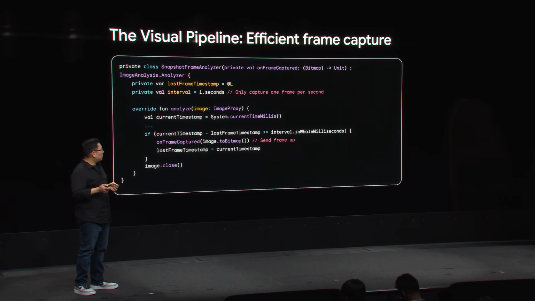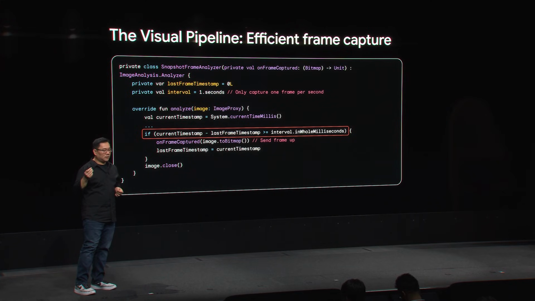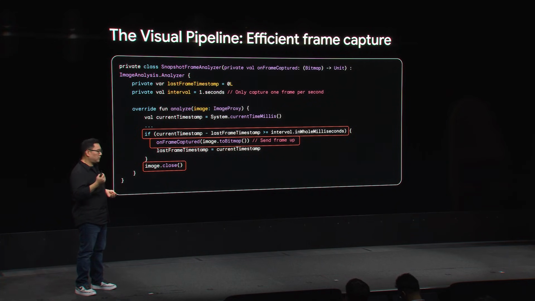Inside our analyze loop, we check the system timestamp, and if a second hasn't passed, we skip processing. When we do capture a frame, we convert it to a bitmap and pass it to our callback. Finally, we call image.close. In CameraX, if you fail to close the image, the buffer continues to fill up and the camera pipeline stalls. So the close call must happen regardless of whether we use the frame.